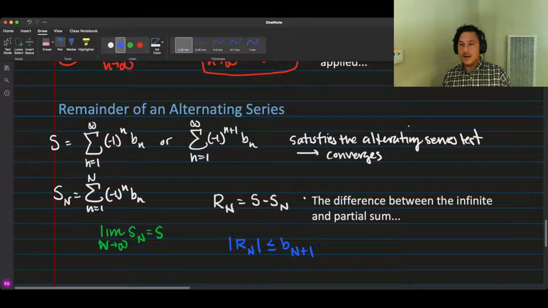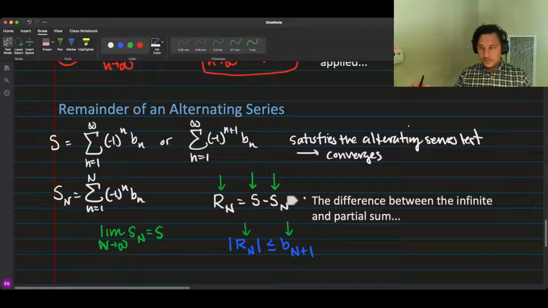Okay, and so I'll show you how you actually use this. So the idea is if you were able to calculate the infinite sum and then you calculated the Nth partial sum, the difference between them is less than the (N+1)th term.